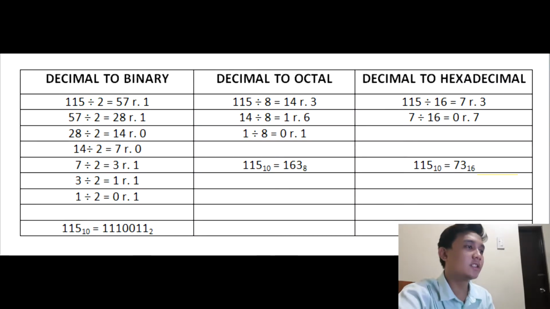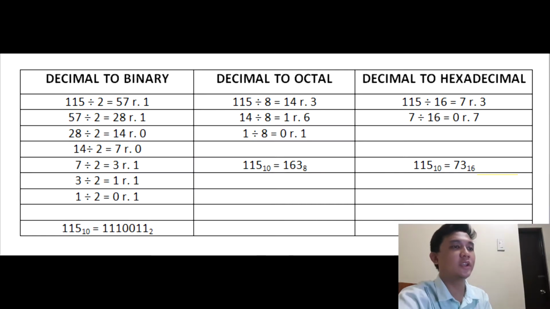So let's see another example. The first column is decimal to binary, the second column is decimal to octal, and the last column is decimal to hexadecimal. So in this example, we have decimal number 115, and our divisor is number 2 because binary has a base or radix of 2. So step 1, divide the decimal number by the base or radix of the number system you want to convert to.